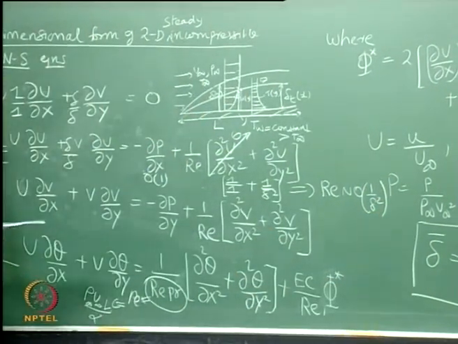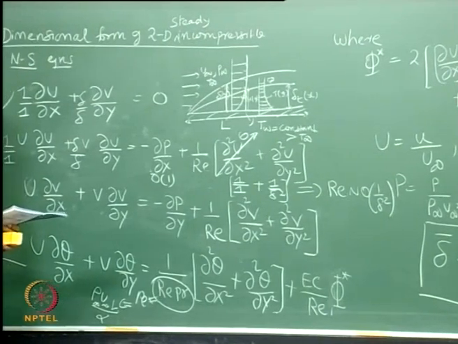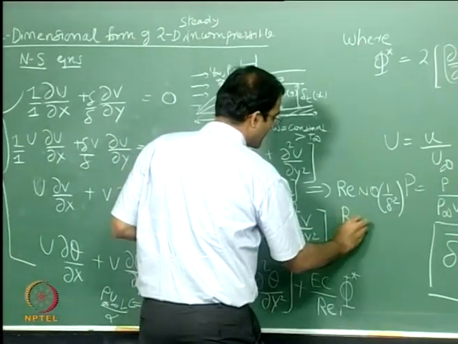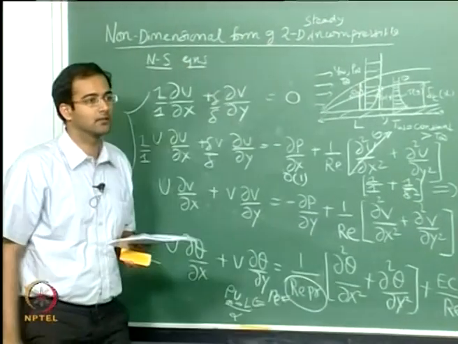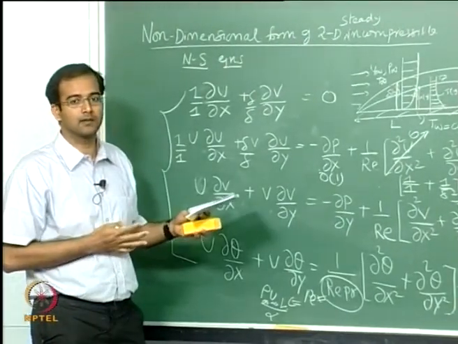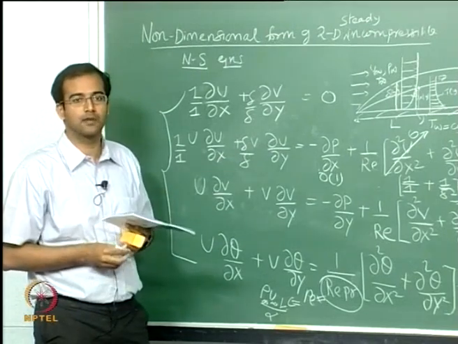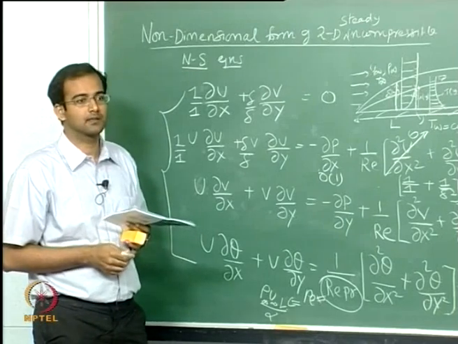What does it mean? This puts a constraint on the Reynolds number. My delta is much less than 1, so my Reynolds number should be very large. Only for this particular case this approximation is valid. So whenever I look at boundary layer flows, I am looking at very high Reynolds numbers.